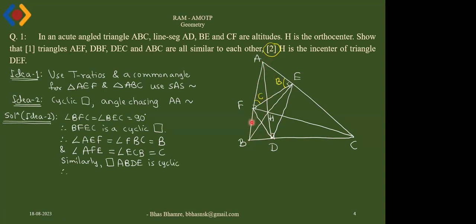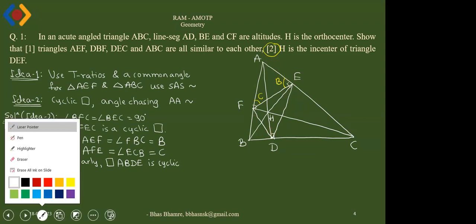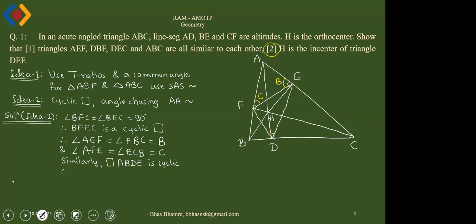So line segment AB subtends equal angles at two different points on the same side of it. And so these points A, B, D, E are concyclic, or we can say that quadrilateral ABDE is a cyclic quadrilateral.